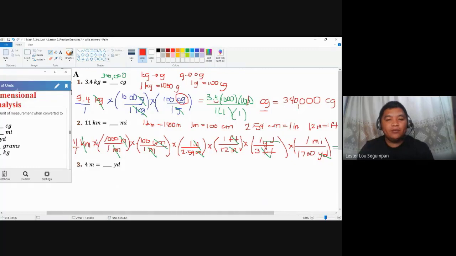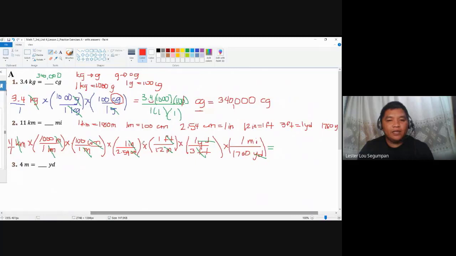So multiply all numerators and then multiply all denominators. So you have here 11 times 1,000 times 100 times 1 times 1 times 1 times 1. So I may not place it anymore. All over 1 times 1 times 1.